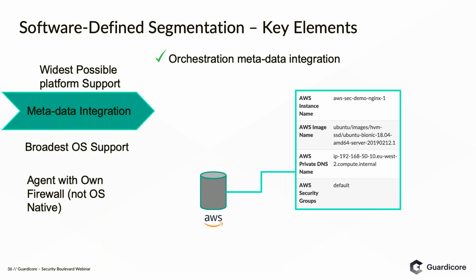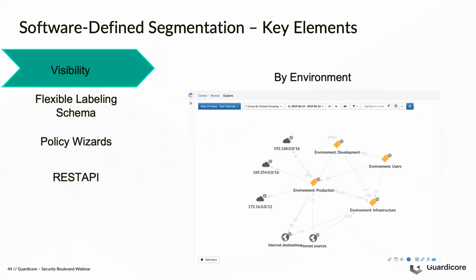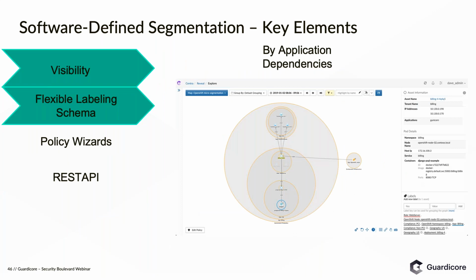On top of that, what we do is we then use the agent data that we get to create labels as well. And also you can use your CMDB and other types of data stores to import information as well. So you see in the corner here, you have a number of labels that we created.